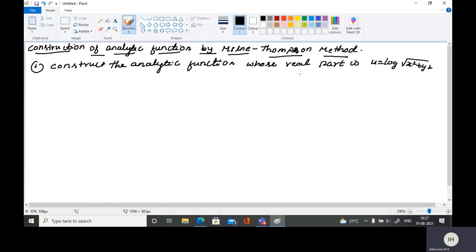So here in the question they have given the real part of the analytic function. We have to find out the analytic function. Okay, I will tell you the step-by-step procedure for this problem.